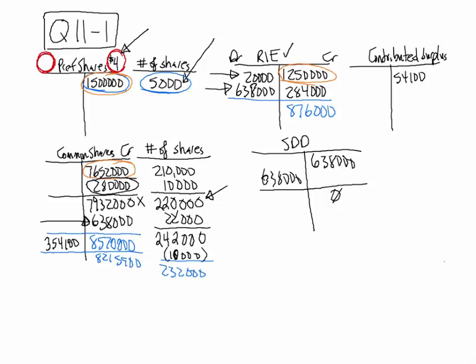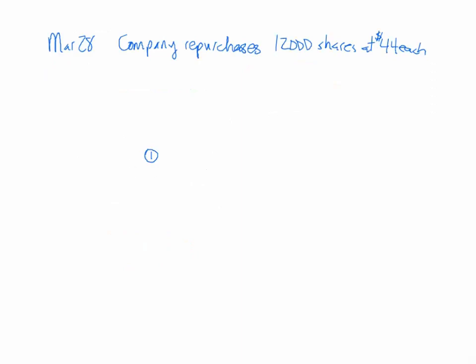So we're going to calculate the historical cost first. 8,215,900 divided by 232 is 35.41, same as it was before. Well, that makes sense. We took shares out at $35.41, so our historical cost per share would be the same.